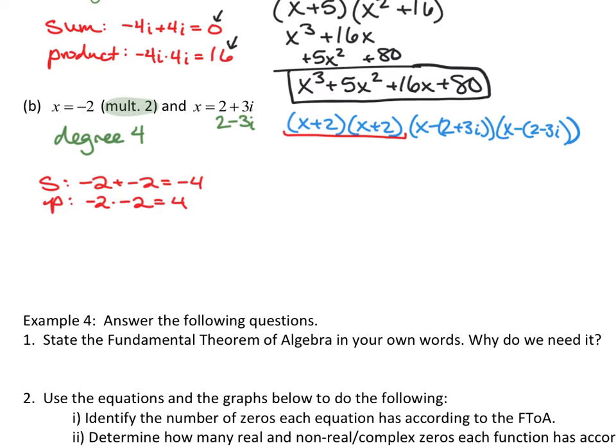Therefore, those first two binomials will multiply or FOIL out to x squared minus the sum, so minus 4x, plus the product. My second two binomials here, these are the ones we especially want to use the shortcut for. We want to do the sum of 2 plus 3i and 2 minus 3i.